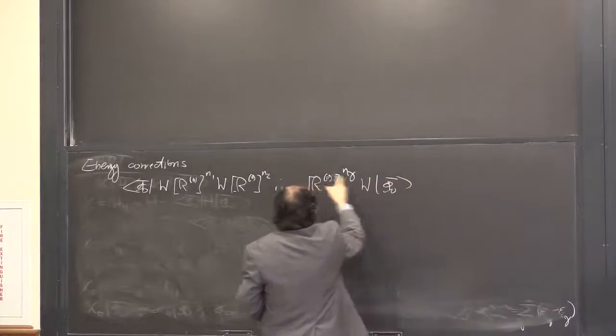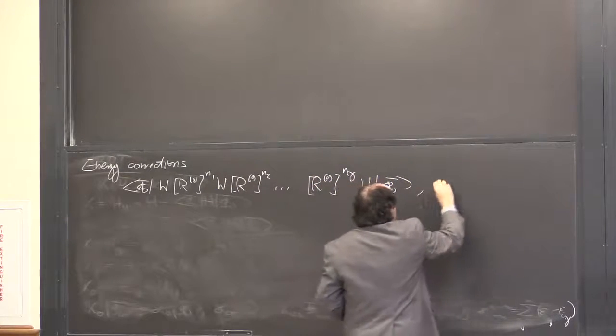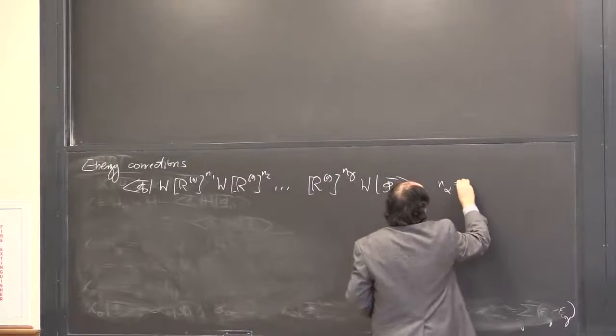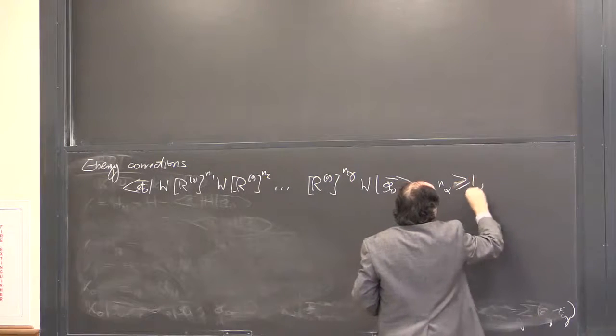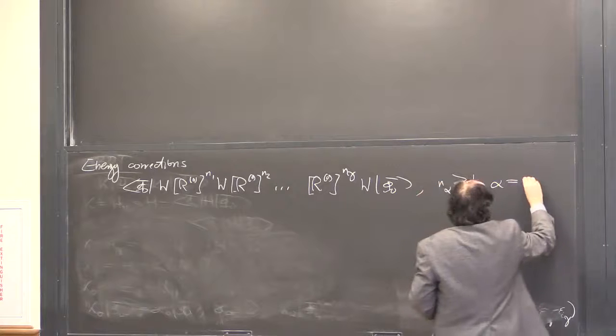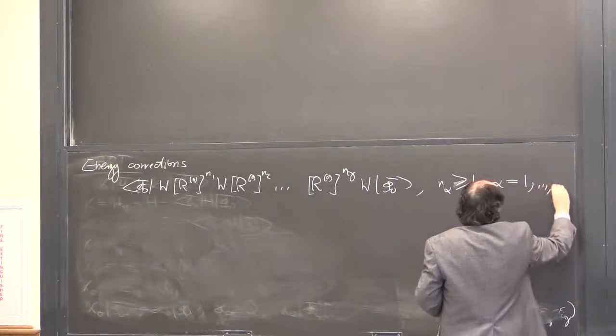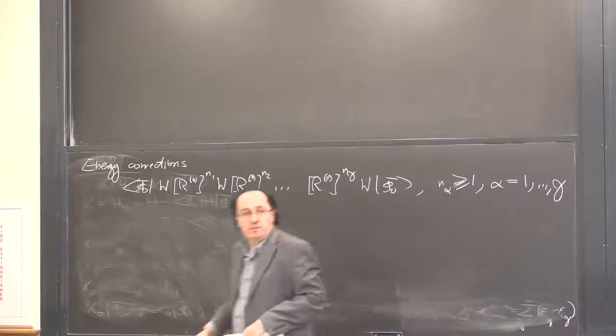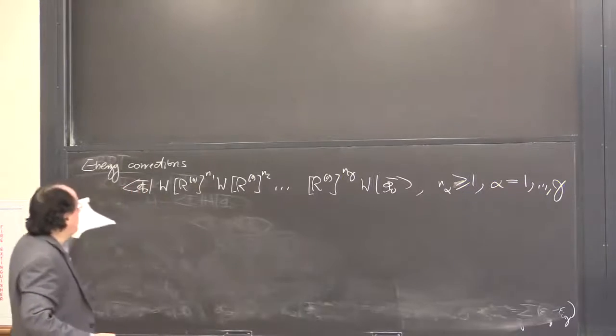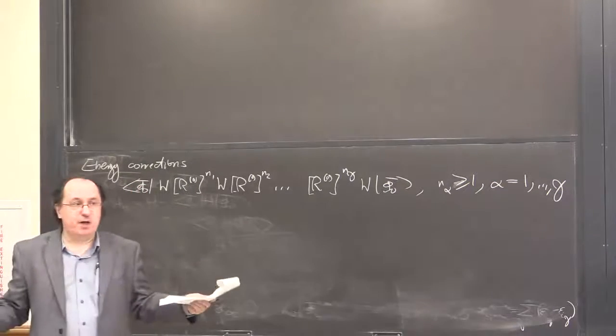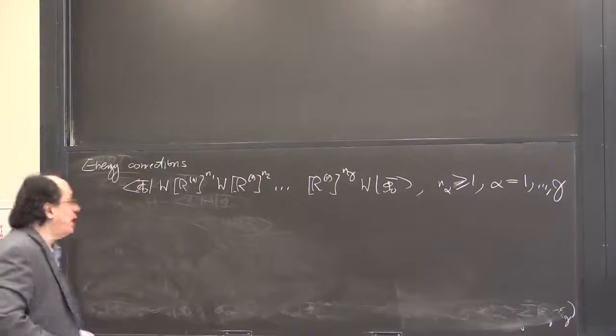All these exponents n alpha are greater or equal to 1, and to be formally correct, alpha runs from 1 to gamma. So I'm assuming that I have gamma resolvents in my expression. This is how a typical general expression looks when you start looking at energies.